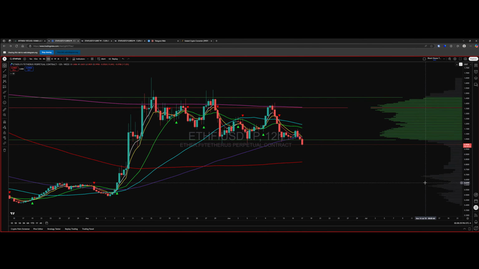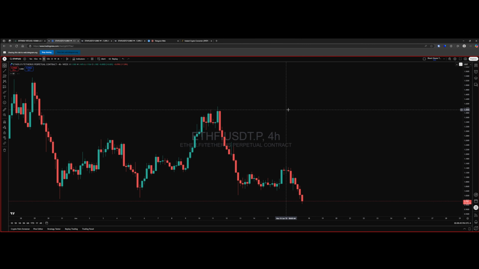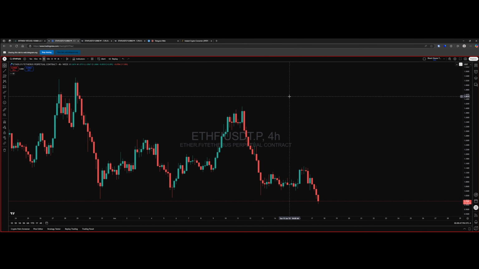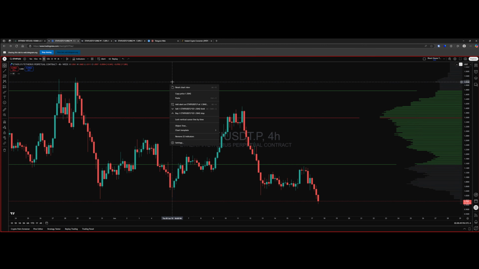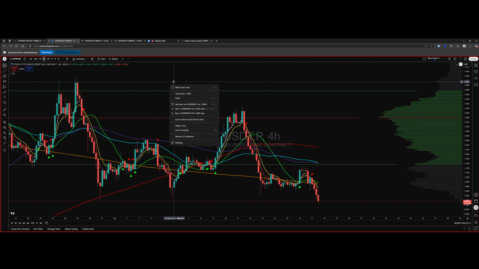Right? So, one last little quick thing, if you're not doing it already, use the alerts on TradingView as a way to draw your attention to the chart, because sometimes you're like, damn, I missed that trade, right? How did I miss that? Just right click on your screen.